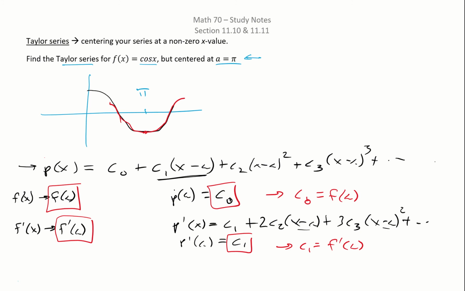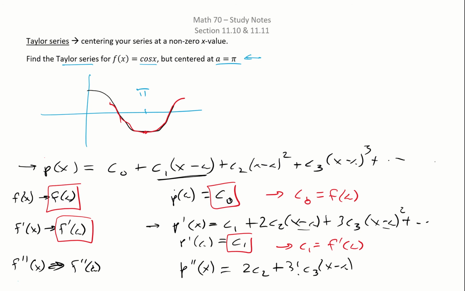You'd think they all do that, but you know they don't from the previous lecture. As soon as you go to the second derivative and you plug in a, doing it over here with the polynomial, you get p double prime of x is equal to, goodbye C1, I'm looking here, but then you still have the 2C2, and then plus 3 factorial C3 times (x minus a), and then plus 4 times 3 C4 times (x minus a) squared, and I just brought in a new one.